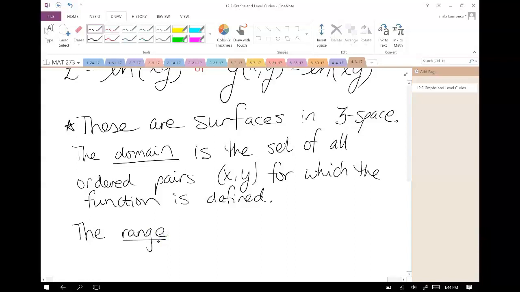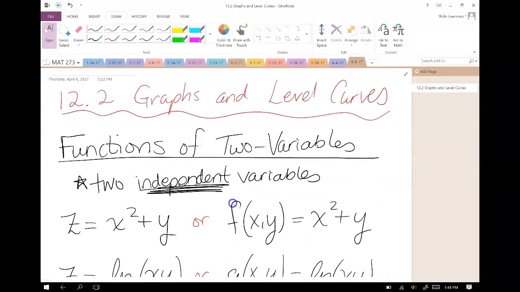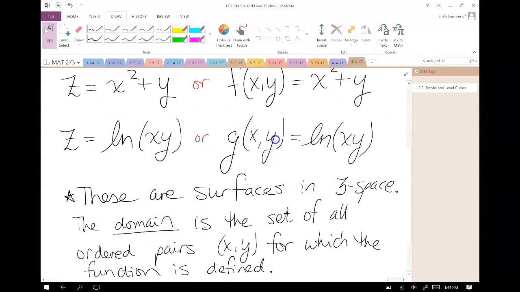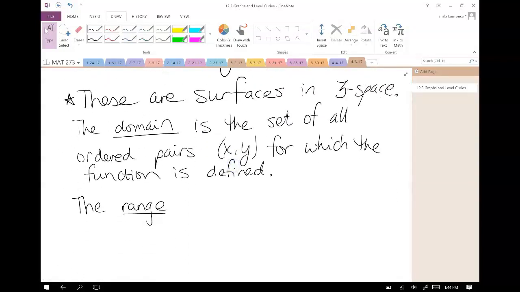And then the range. Do you remember what range is from just pre-calculus algebra? It's usually y values, right? y is the output in pre-calculus algebra. Here, our output is the z. So just to be more general, in case these variables change, the range is the set of all output values for the functions of two variables. When we know z is always going to be the output, it's going to be the set of z values. But it's just a single set.